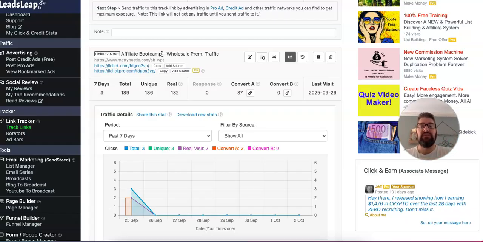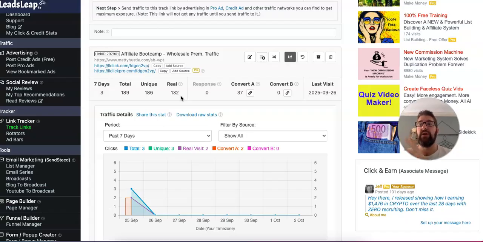So if they're on for less than 1 second, which we can agree, right? If someone's on a page for less than a second, that's not a real visitor. That's a bot. It's an automated type of click, right? So I would not consider that, and you shouldn't consider that an actual click of a person going to your website. So you can see I got 132 real visitors out of 200.